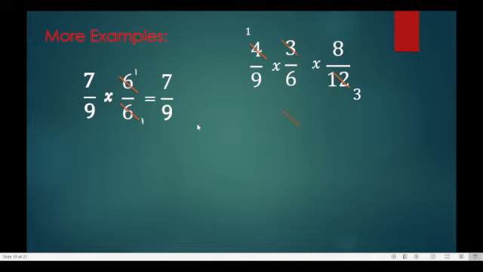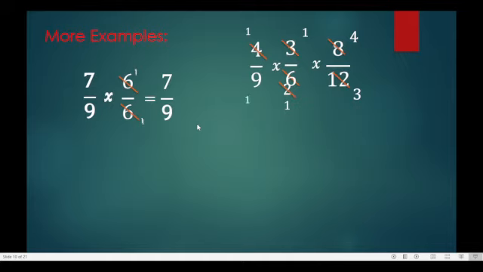Then we have 3 and 6. So 3 will become 1 and 6 will become 2. And then cancel 8 and 2. 8 will become 4 and 2 will become 1. So this time we can now proceed to multiplication.